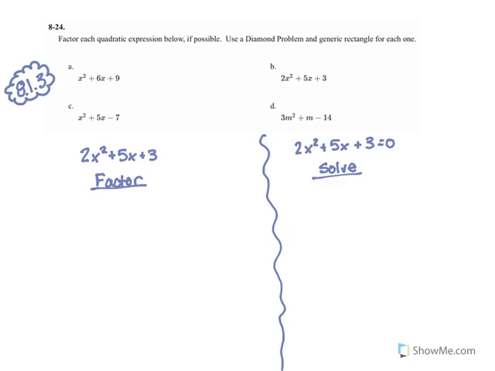We are going to do both of these because your little quiz problems ask you to solve for some of them, will ask you to factor, and your homework problems are the same way. They're going to make sure that you know the difference between the two. So let's start with factoring. And if you remember from what we did in class, we start out with factoring these by making a box.